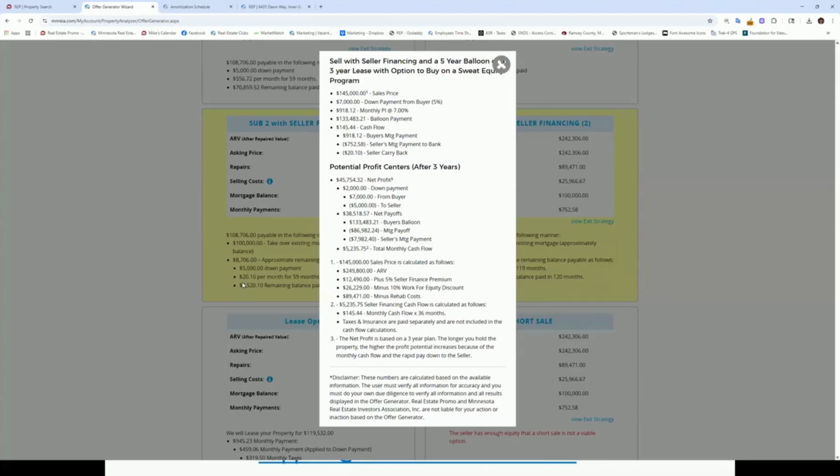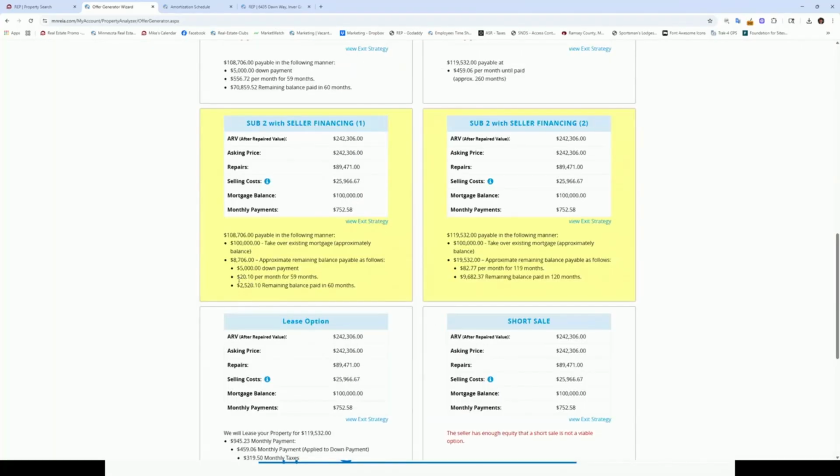So that'd keep my cash flow under $100, but I'm giving the seller a decent amount of money. But if I didn't do that, and let's say I did come up with a decent number, right? So it's saying 5-year with a balloon payment of $2,520 after 5 years. So we're going to offer the seller money down, a little bit of a monthly payment, and then a lump sum after 5 years.